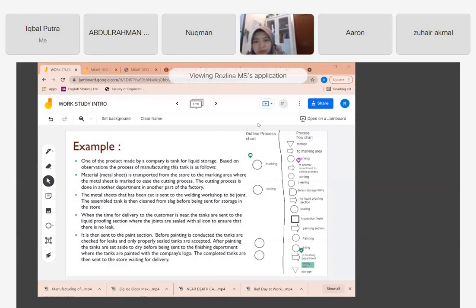Oh, you skipped one activity here. Skipped one and two activities. Cutting process, then cutting. Okay, after cutting, to welding workshop.